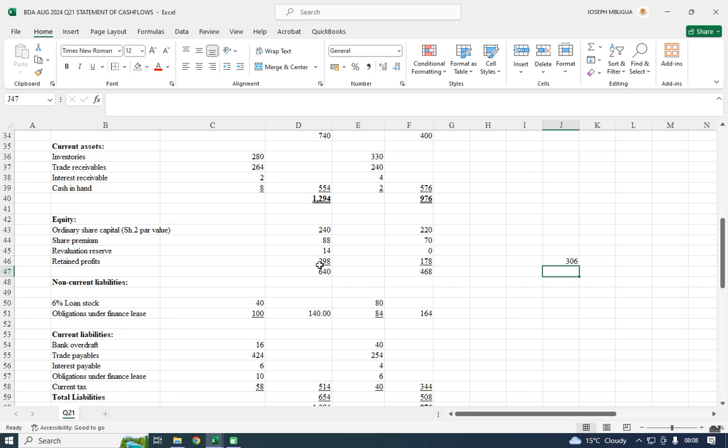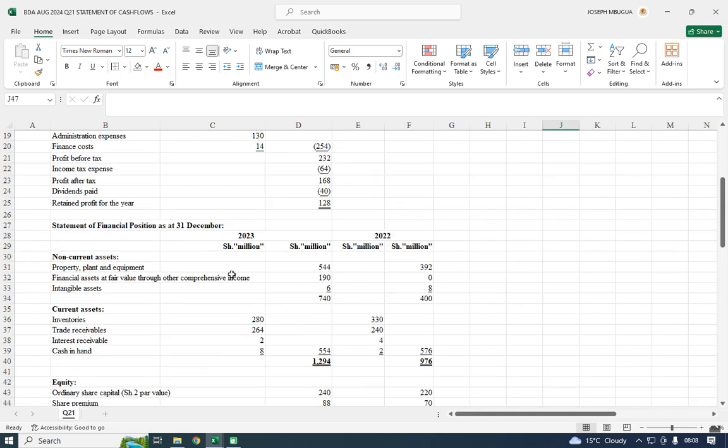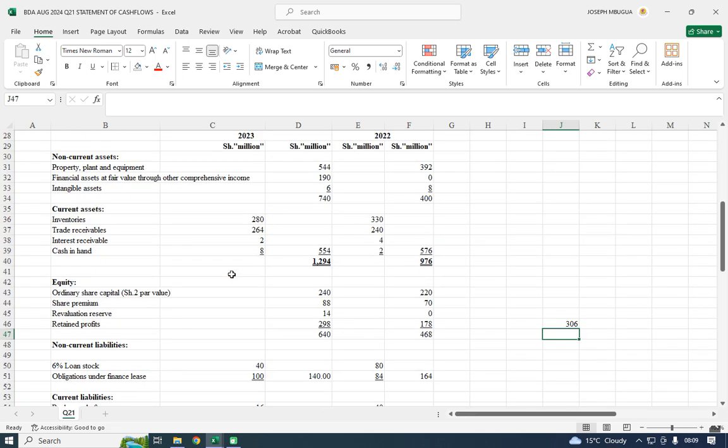There's a difference. The dividend paid was 40, and when we add the 128 to the figure that we had of 178, it's supposed to give us the 298, but when we add that, it is giving us 306.